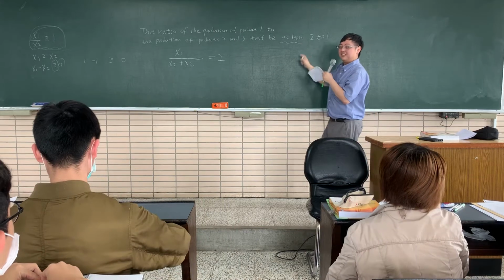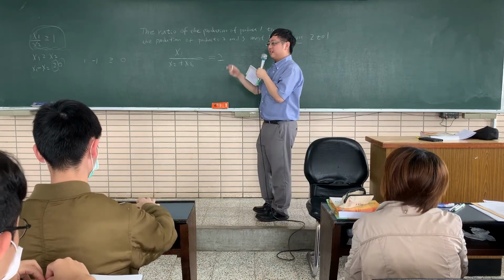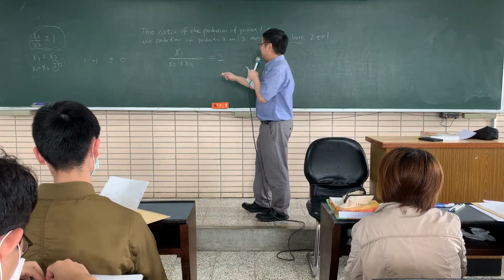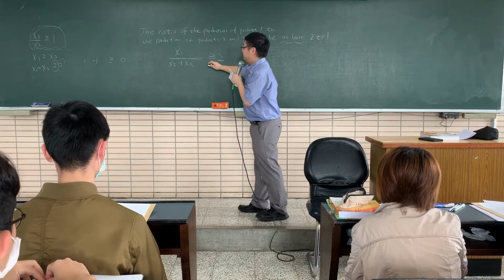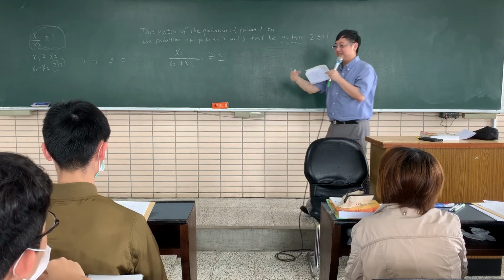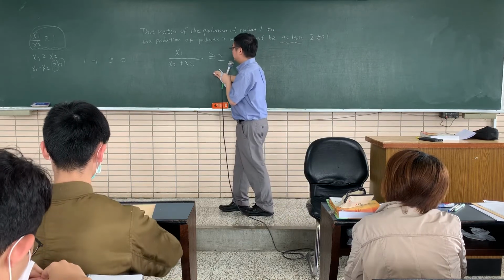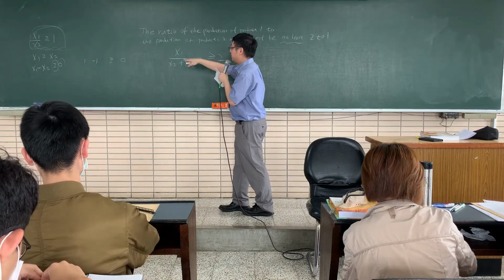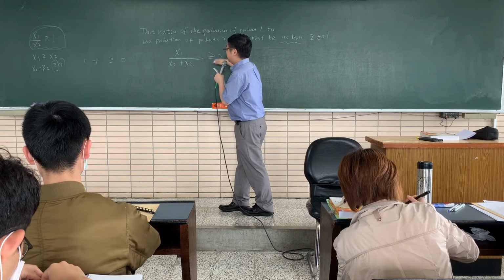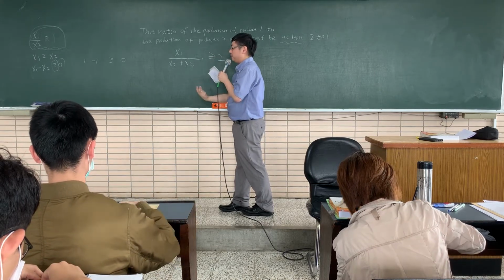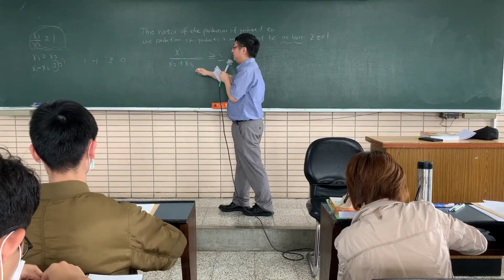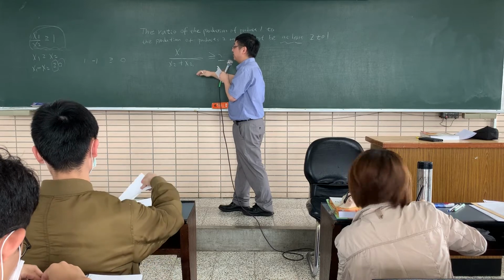At least, greater than or equal to, greater than or equal to, yes. And I continue to ask you how to transform this formula so that our computer software can read, can know what we want to do.